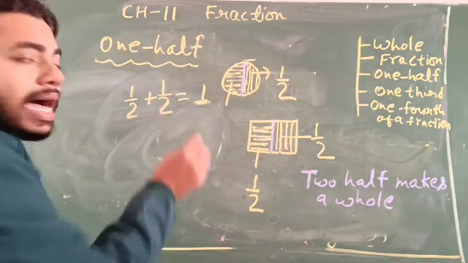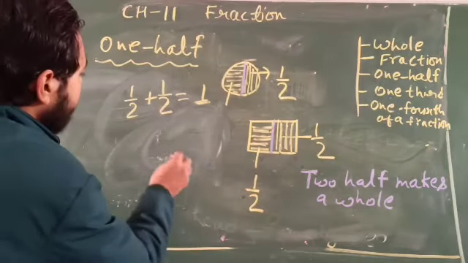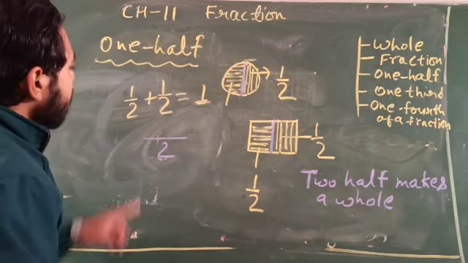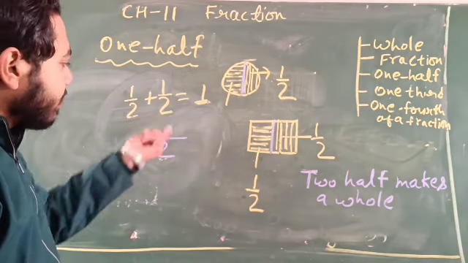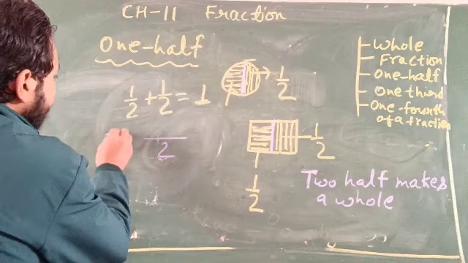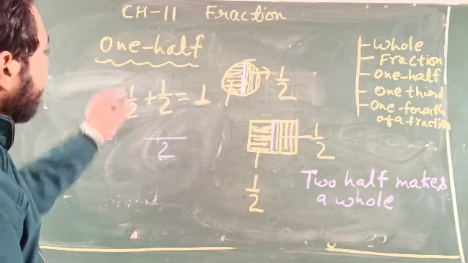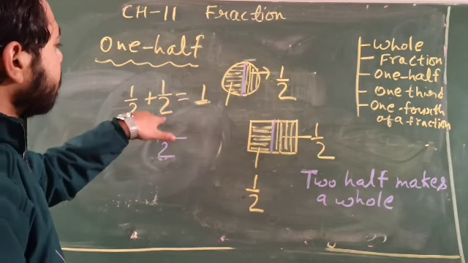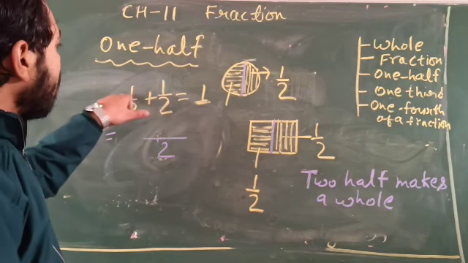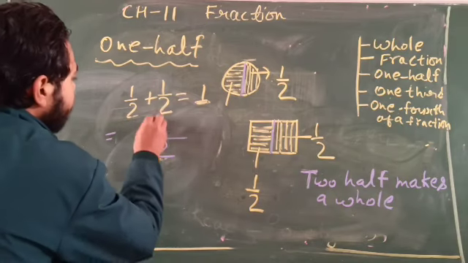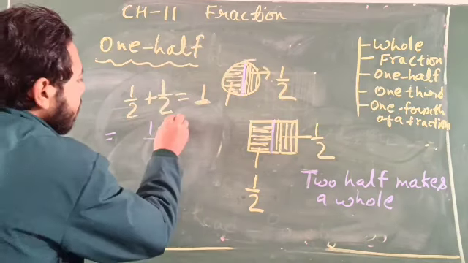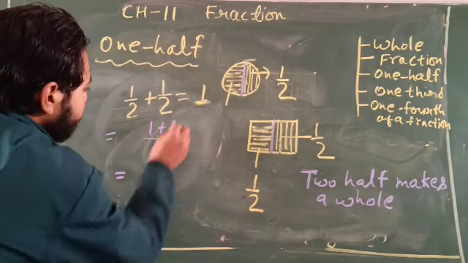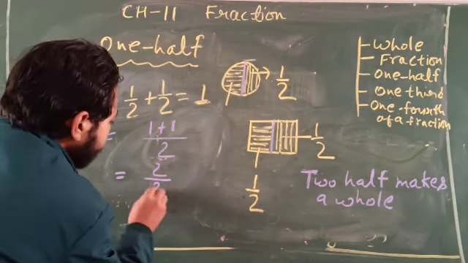When the denominators are the same, we write the denominator one time, and we add the numerators of the given 2 fractions. So 1 plus 1 is 2, and 2 by 2.